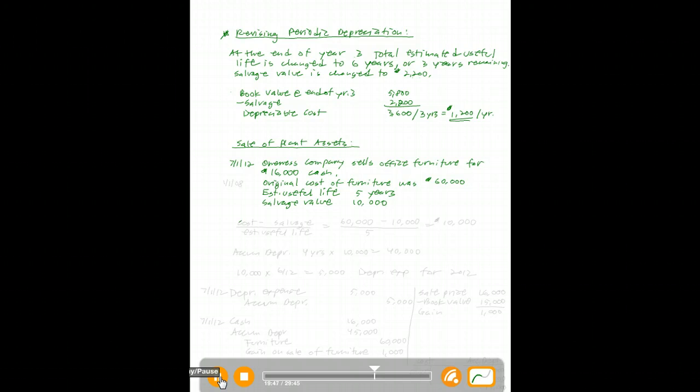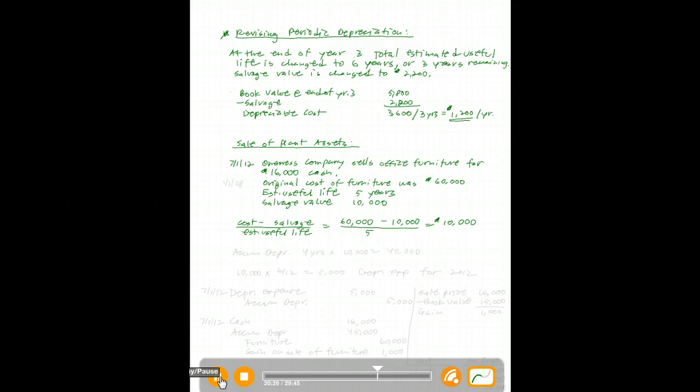If you take your cost minus salvage, divided by your estimated useful life of 5 years, you get 60,000 cost minus 10,000 salvage divided by 5. Your depreciation expense is 10,000 a year.